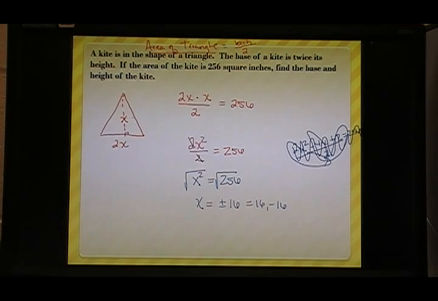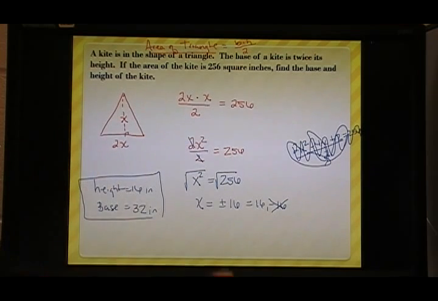X is what we use to represent the height, and you can't have a negative height, so the height must be 16, and therefore the base must be double that. 2 times 16, we get 32, and this is inches. Okay?